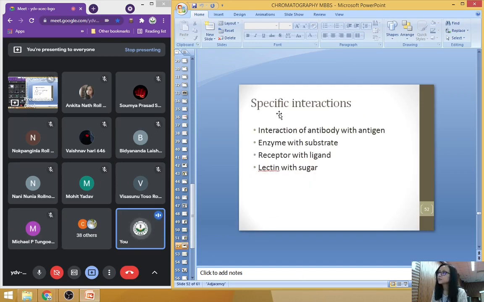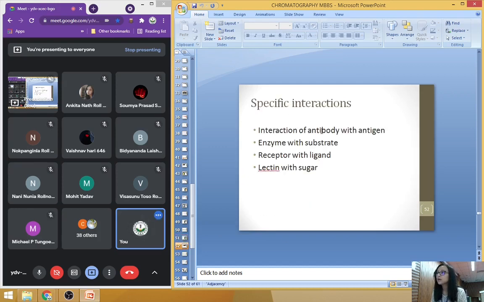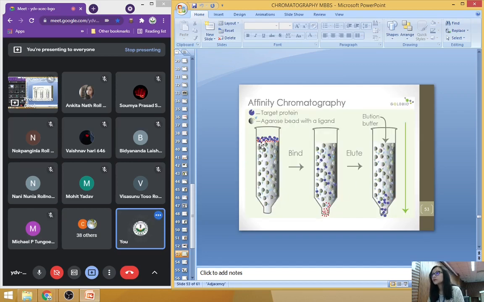So the principle is based on the specific interactions between the antibody and antigen, or enzyme and substrate, receptor with ligand, or lectin with sugar. Now, in this diagram, the stationary phase is composed of these agarose beads, and these agarose beads have a ligand. What we want to separate is some target protein, which will bind with this ligand.